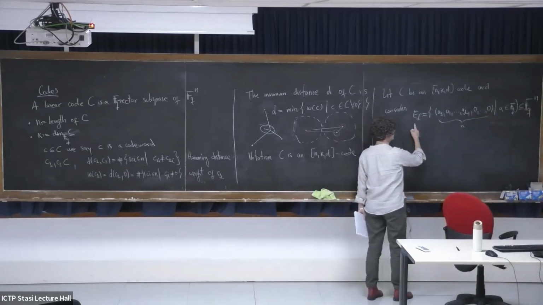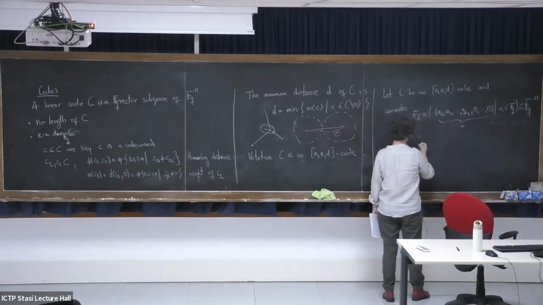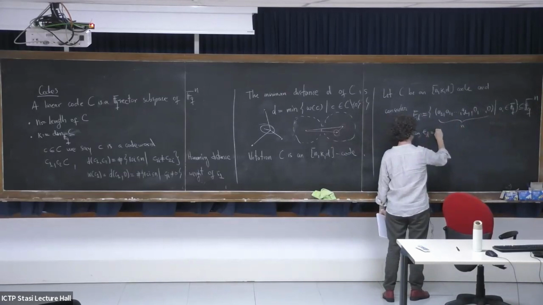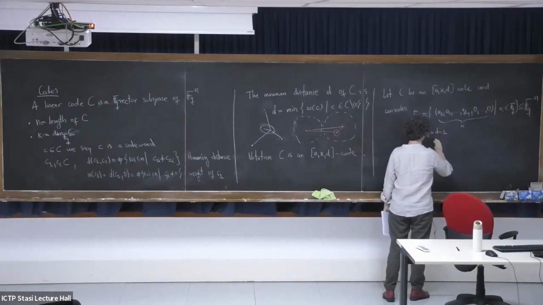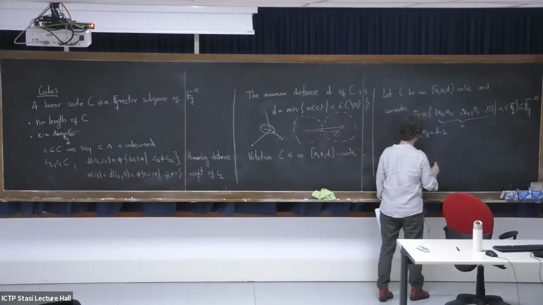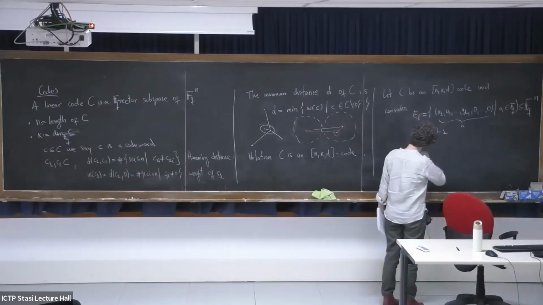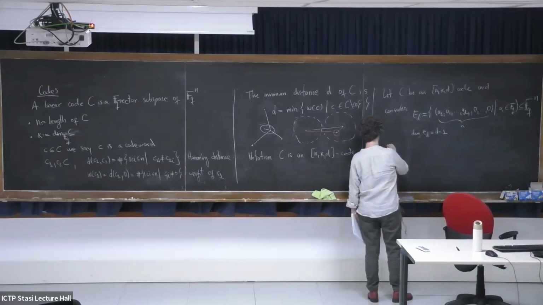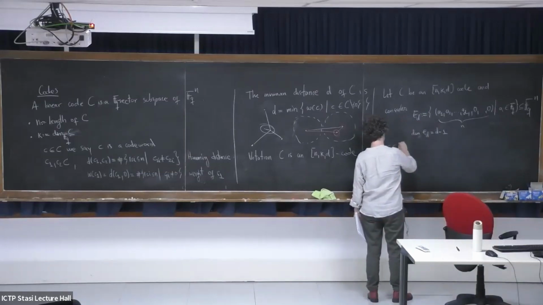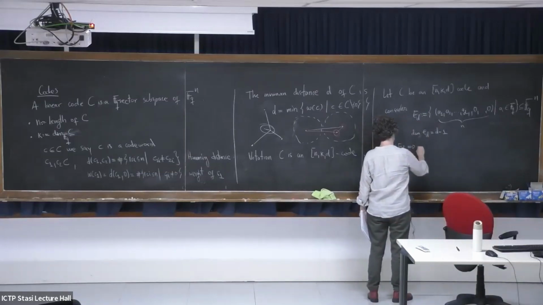And what's the dimension? Well, the dimension of this code is d minus 1. And if you have a codeword here, what's the weight?